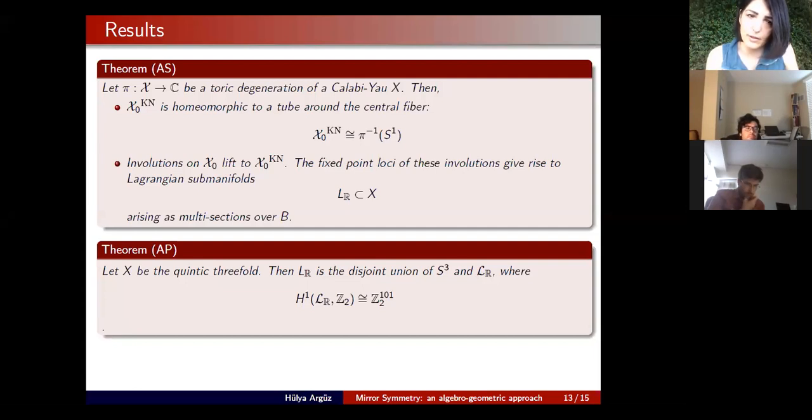But then, very nice referee, fair enough, thought that, why did you write thousands of lines of code just to deduce results about the quintic threefold? Can you not do a mathematical proof in bigger generality for Calabi Yau threefolds? And he made a conjecture for us, saying that you can actually capture the mod 2 cohomology of real Lagrangians by trying to relate them by a long exact sequence to Hodge numbers of the Calabi Yau.